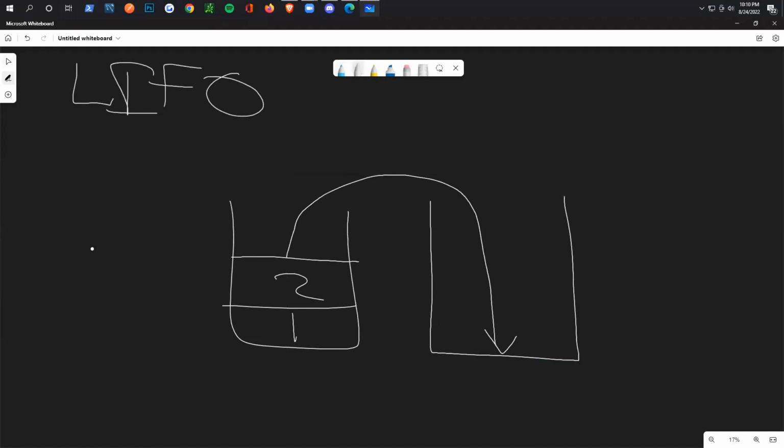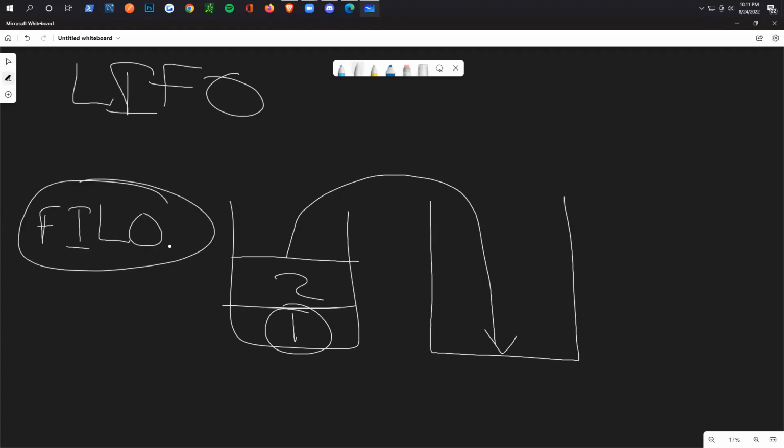Okay, last in, first out. But really, the first thing in is going to be the last thing out. So first thing in, last out. Okay, FILO. I guess, but that's really what's going to end up happening.